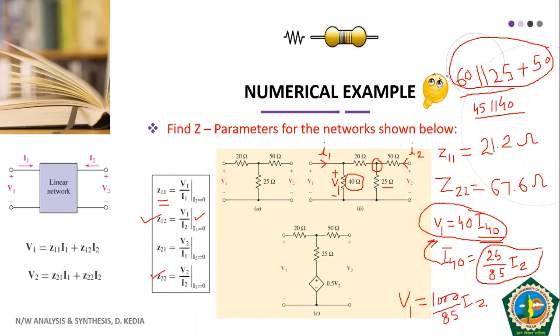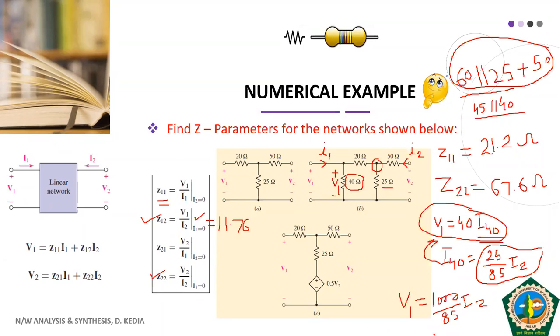Now you can easily find V1 by I2, which is nothing but Z12, and the value of Z12 will come out to be 11.76. So for this network, your Z12 will come out to be 11.76. So this is how we obtain Z12.